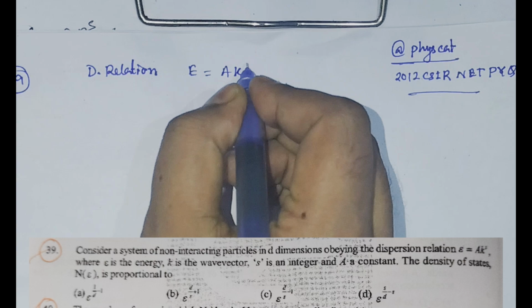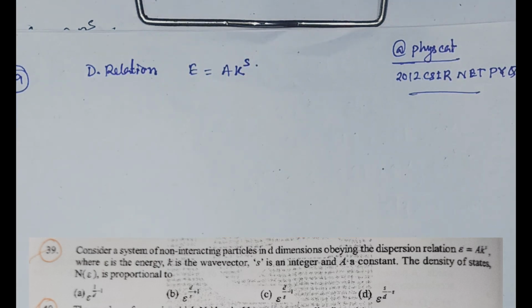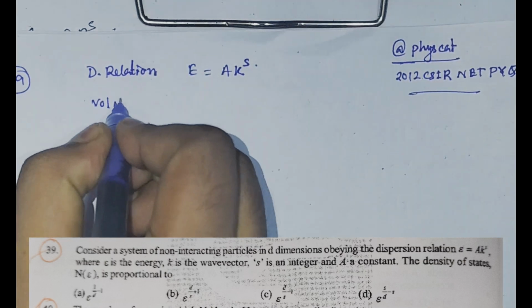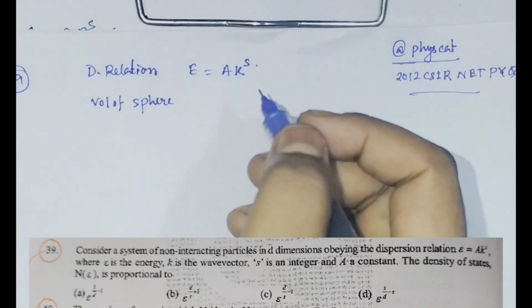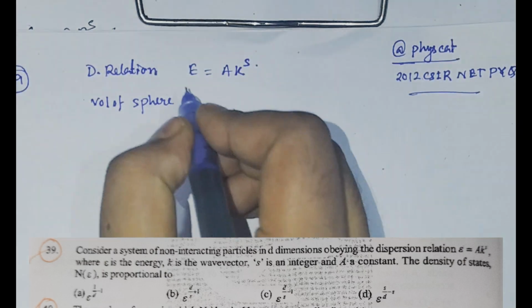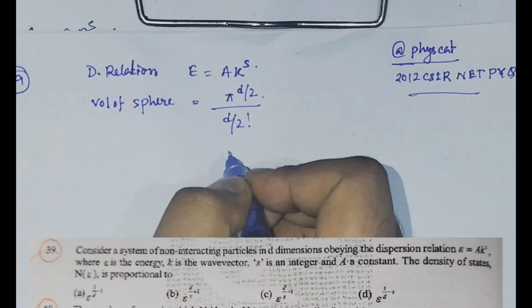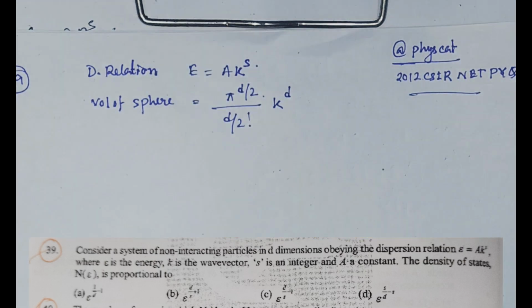So first of all, you need to write the dispersion relation, E equal to a k to the power s. And the volume of a sphere in d dimensions in k space is equal to pi to the d by 2 over (d by 2) factorial times k to the power d, where d is the dimension in k space.